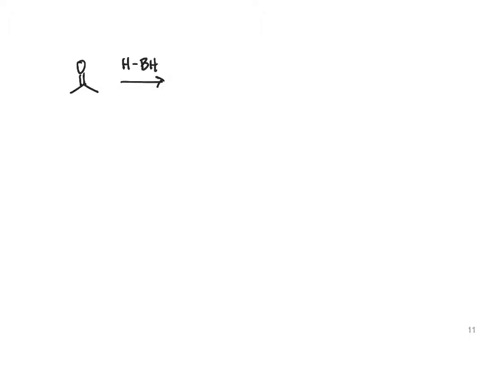So the borohydride ion, which is BH4-, is a source of hydride. And so the first thing that happens is addition of hydride, it's a strong nucleophile, to the carbonyl carbon. And that produces an alkoxide intermediate, like so. That alkoxide is a strong Lewis base.